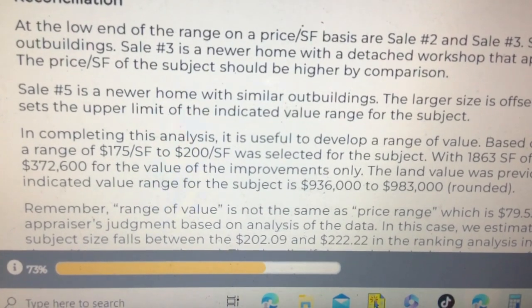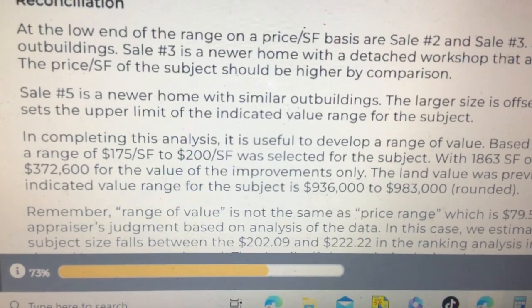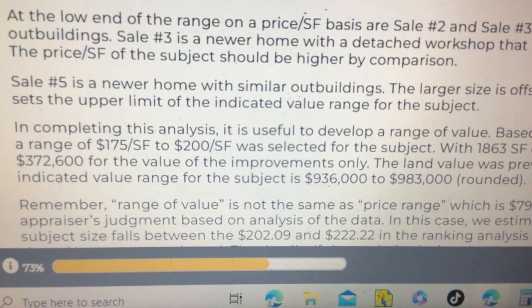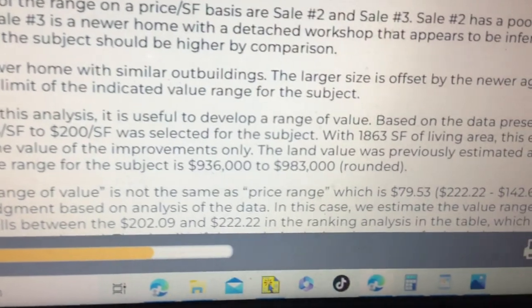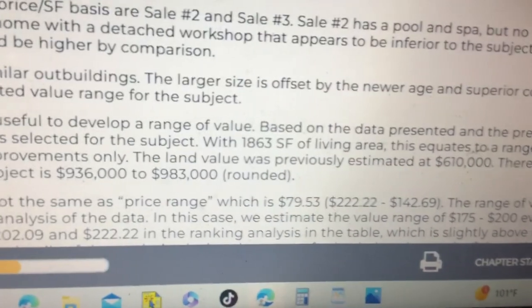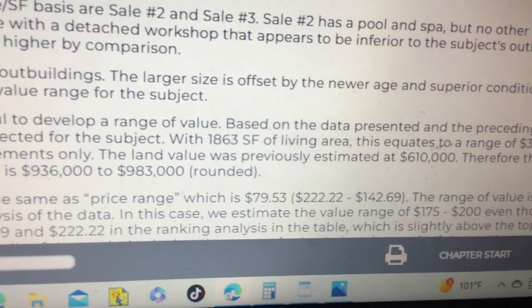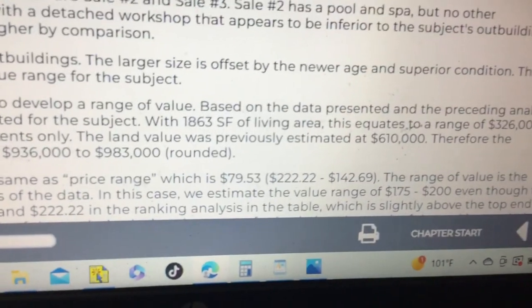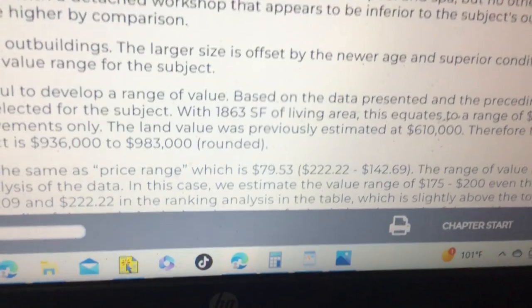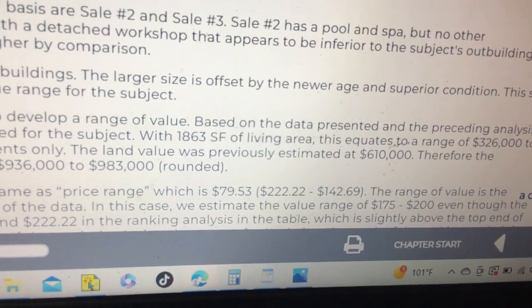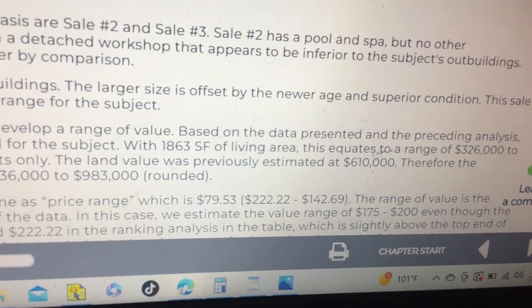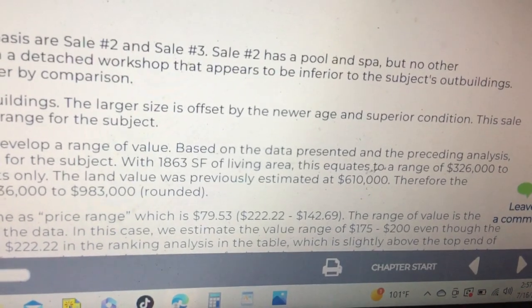$175 a square foot all the way to $200 a square foot was selected for the subject, with 1,863 square feet of living area.